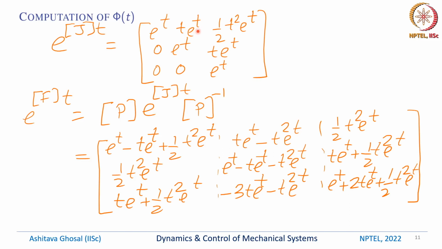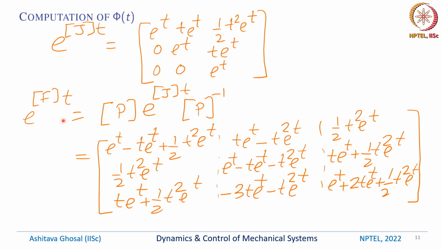So this is basically similar in some sense to what we have with repeated roots. Okay, e to the power t, the next one is repeated, so we'll have t e to the power t, then it is repeated again, it is half t square e to the power t, and so on. So e to the power t will become t e to the power t, and then finally we have only one term, the 3 element, which is e to the power t.